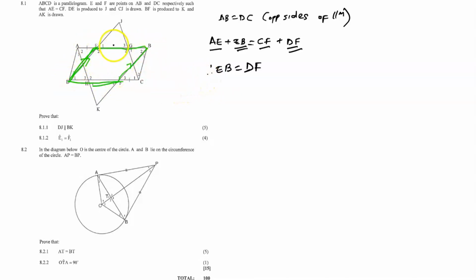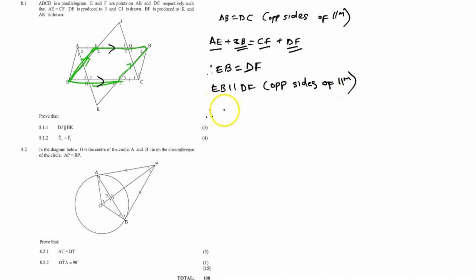And also we know that this is parallel to this one because they're opposite sides of a parallelogram, which was ABCD. So EB is parallel to DF because they're opposite sides of a parallelogram.